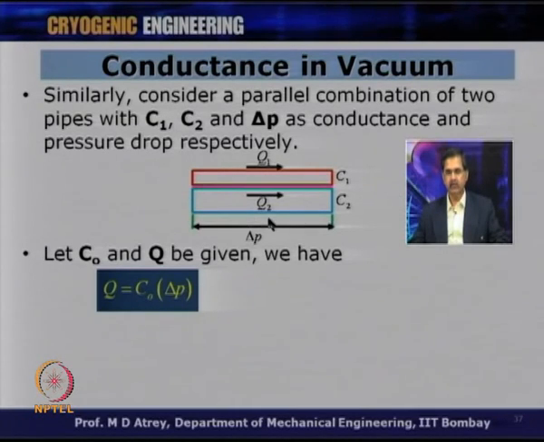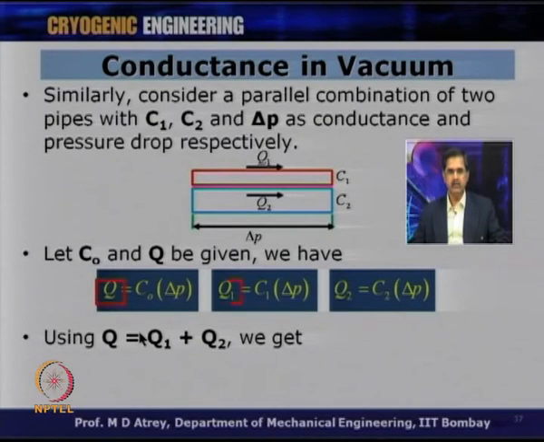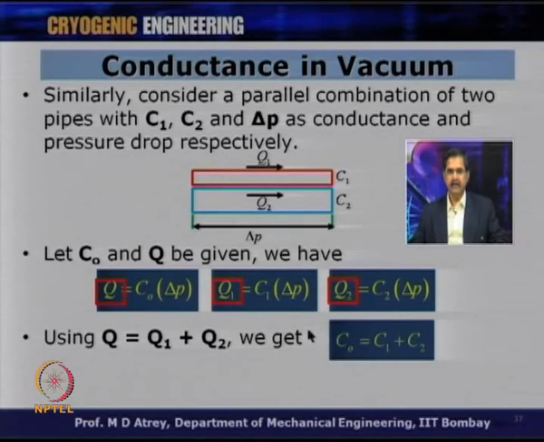When traveling in these parallel pipes, it gets split up into Q1 and Q2, where Q1 is nothing but C1 into delta P, as delta P is the same all over, and Q2 is equal to C2 into delta P. Therefore, since Q is equal to Q1 plus Q2, and delta P is common, I will get C0 is equal to C1 plus C2.